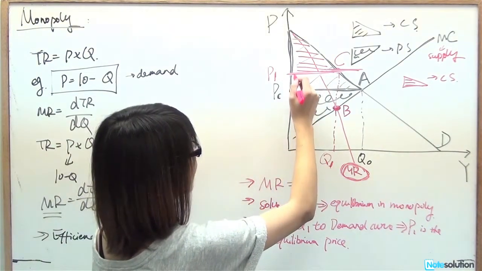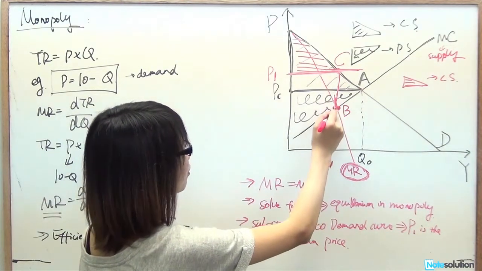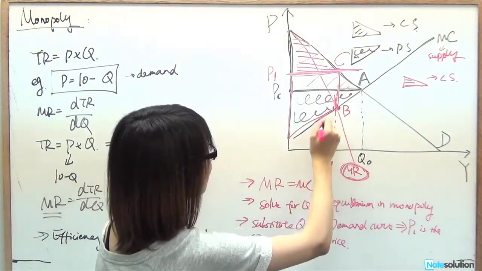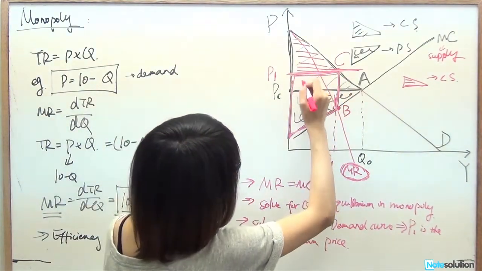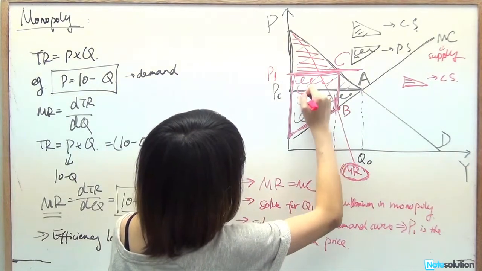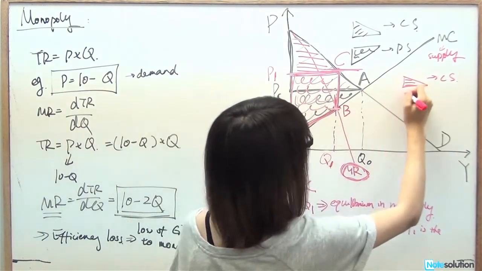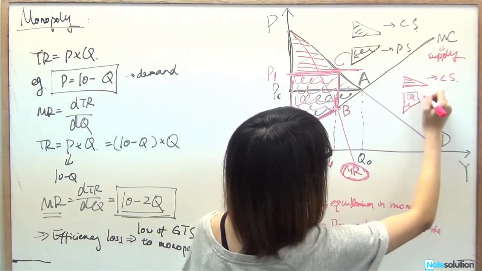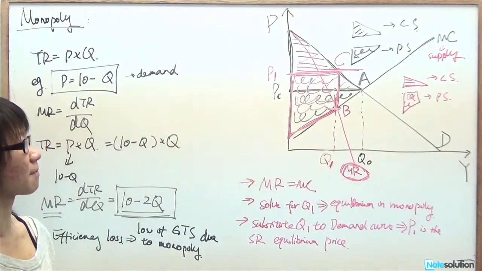The producers charge P1, and Q is equal to Q1. So the whole bottom part in pink will be the producer surplus for the monopoly market.